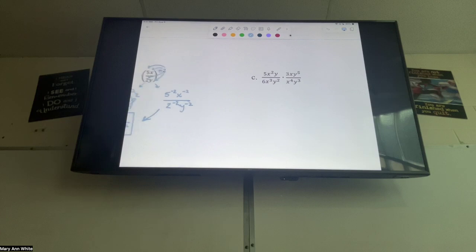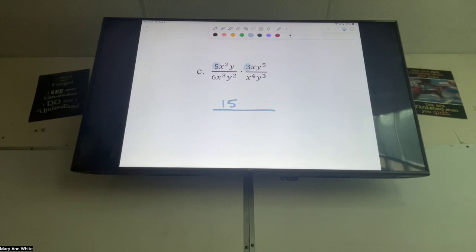Okay, let's do one more together, and then I'll have you try a couple on your own. When I'm multiplying these two fractions together, I'm multiplying these pieces. Let's think about the constants first, the coefficients. 5 and 3, what am I going to do to those? Multiply those, good. So I've got 15, and that's 6, I'll just keep that on the bottom.